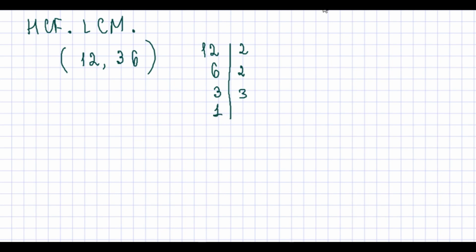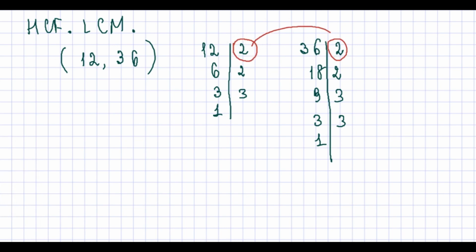We get 1 and stop. For 36: 18, 9, 3 by 3, 1. We stop. Now let us circle the common factors.